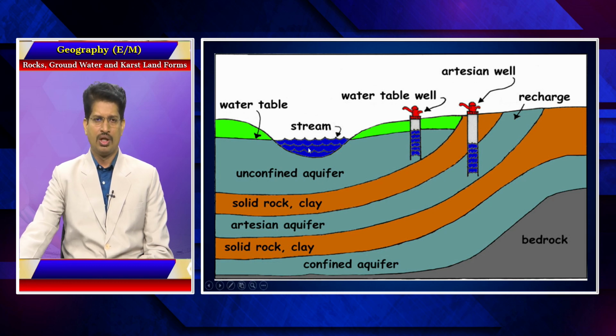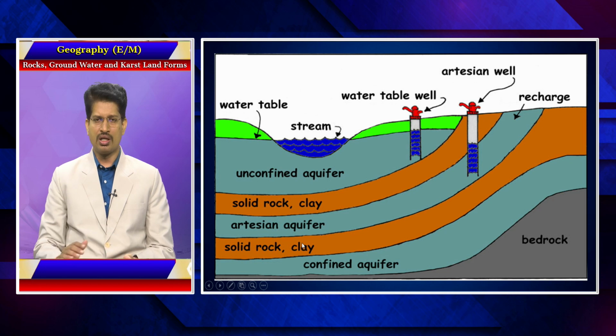The aquifer or water table described here is an unconfined aquifer at the top, and at the bottom, a confined aquifer. Both are water tables. The difference is that in the case of a confined aquifer, at the lower level and at the upper level, in both ways, there is an impervious rock.